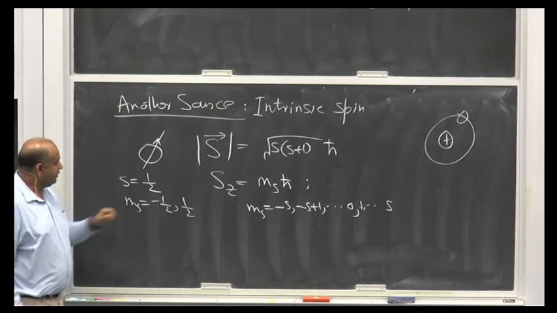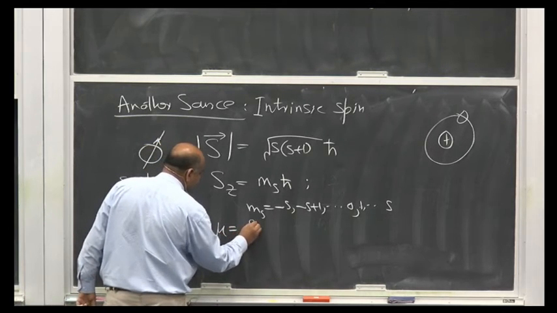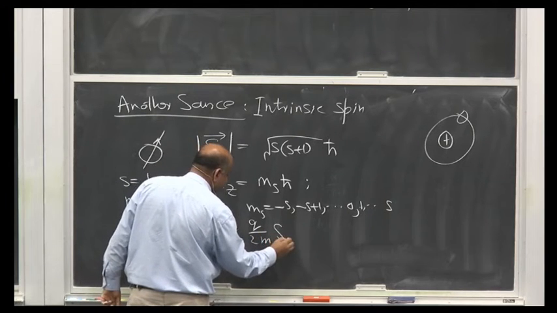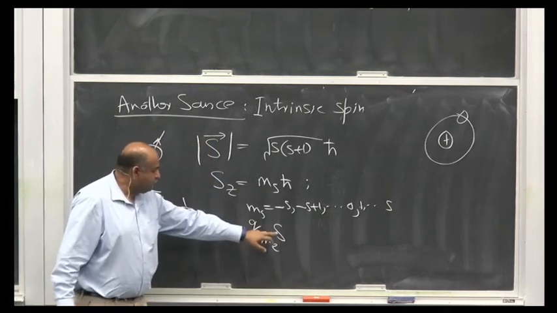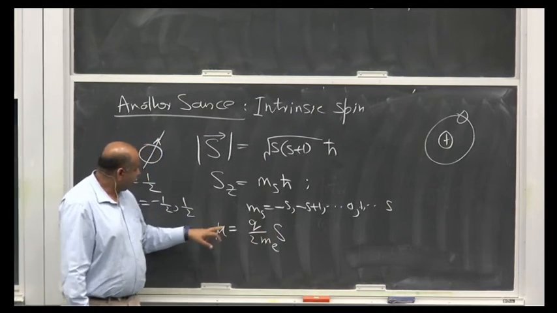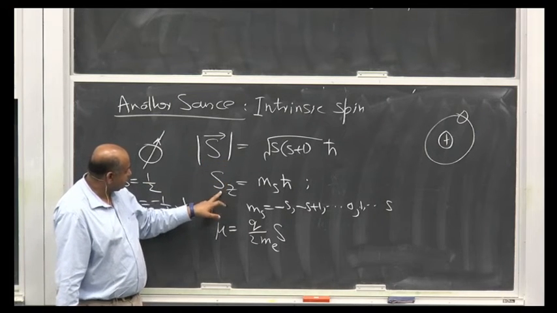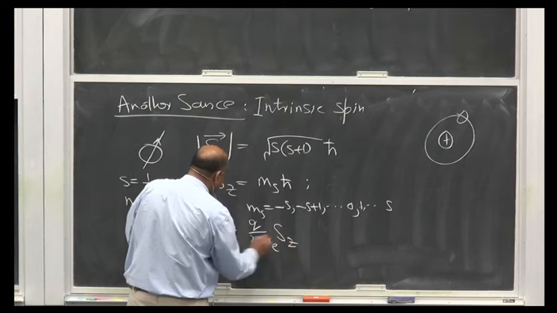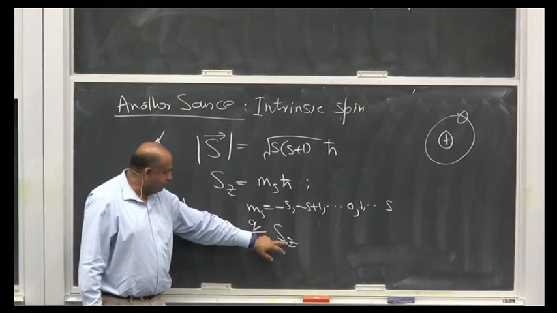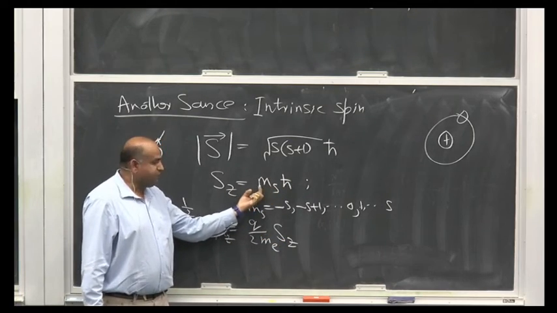So the spin angular momentum still has a value. Since this s has this magnitude and sz, if I write only the z component of the angular momentum, the z component now has two values, because this sz can be either half h cut or minus half h cut.